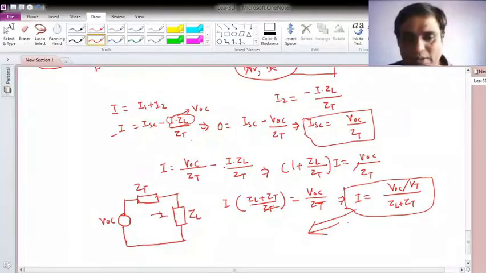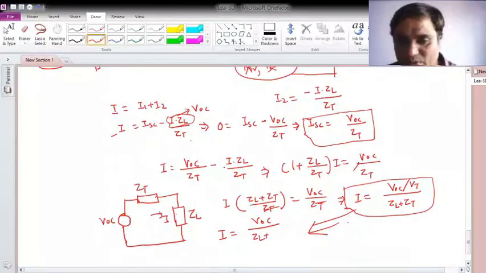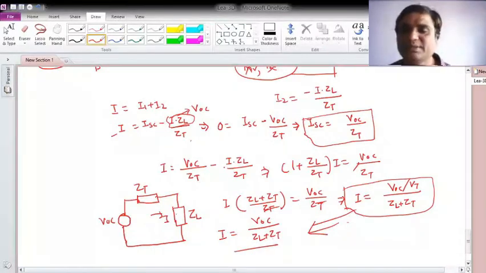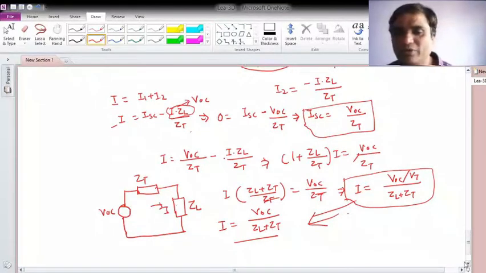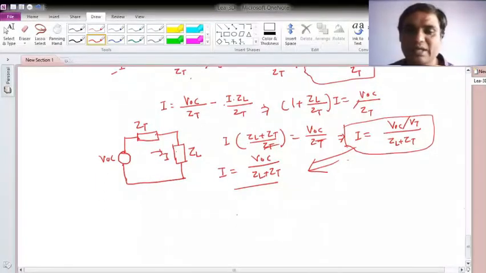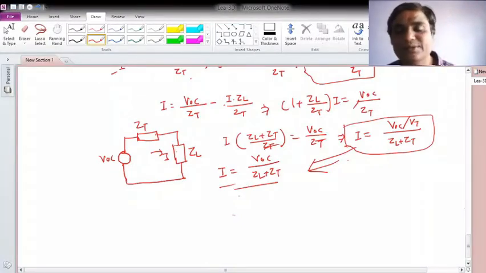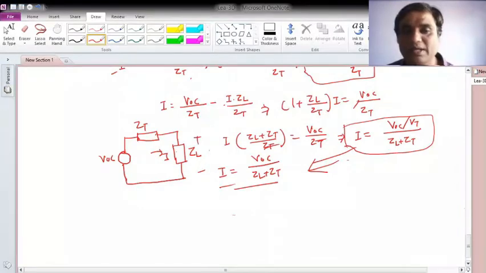This I have basically adopted. So this I will be VOC or VT divided by the total impedance ZL plus ZT. So this is basically the proof of Thevenin's theorem. This way you can calculate the current for a particular element, and once you know this, you can obtain the voltage across it also by multiplying I with ZL.